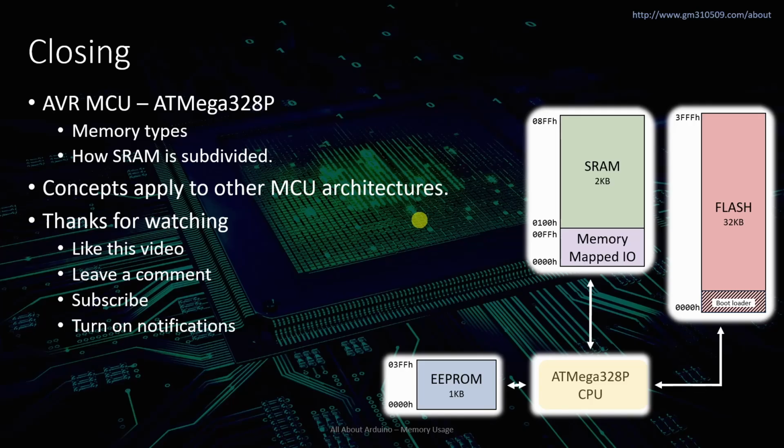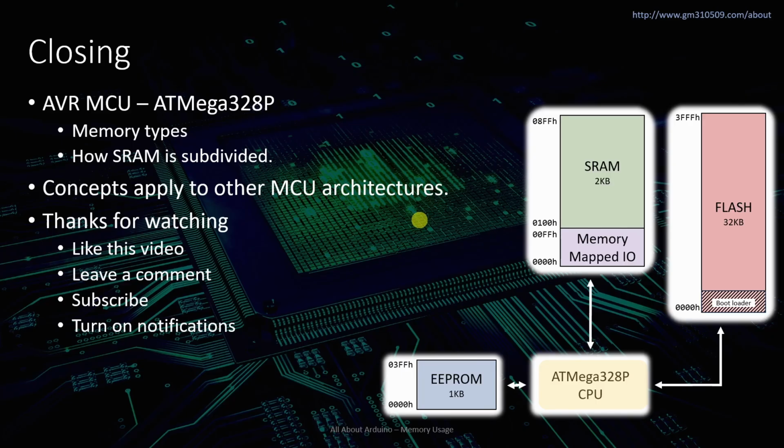As I said, I think I'll leave it there for now. What we looked at here was how memory is used, the different memory types. I drilled in specifically onto the AVR MCU, specifically the ATmega328P, which is found in the Uno R3. But the generic concepts are applicable to other MCU architectures, particularly some of the constraints about the heap and the flash.